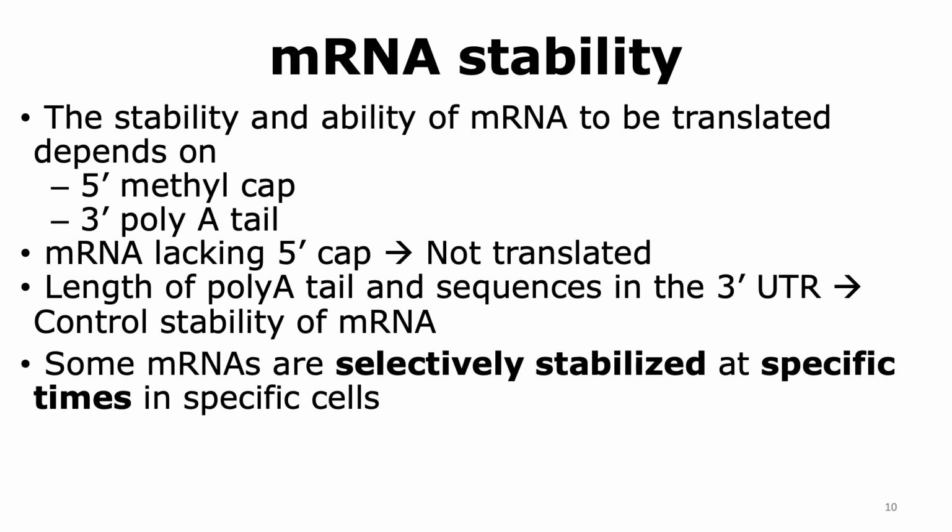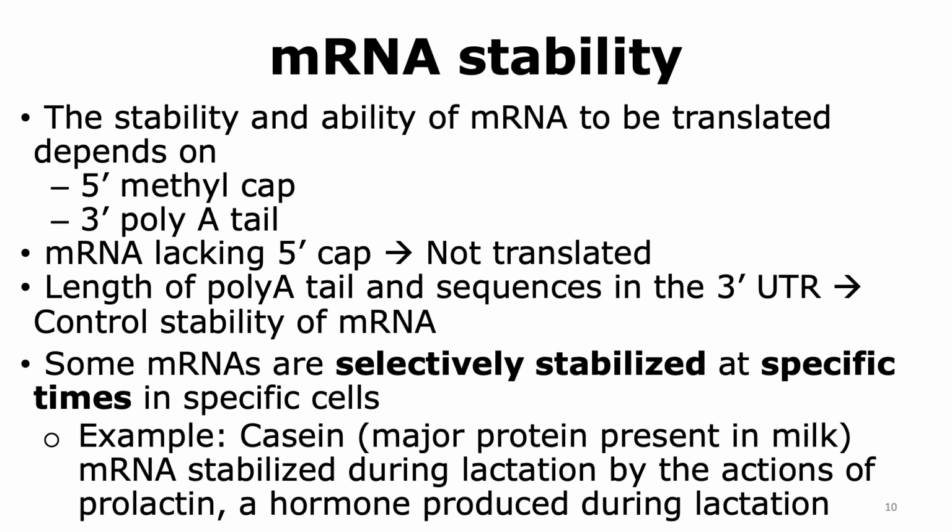Now, some messenger RNAs are selectively stabilized at specific times in specific cells during developmental processes. An example of a messenger RNA that is selectively stabilized at specific times is casein. Casein is a major protein that is present in milk, and it is not expressed when a woman is not undergoing the process of lactation.